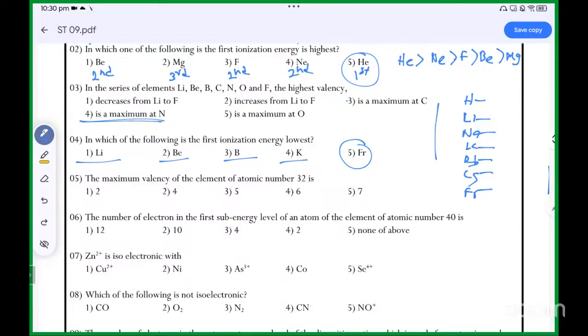So let's write down the electronic configuration: 1s2, 2s2, 2p6, 3s2, 3p6, 4s2, 3d10. Now this is 30 up to 4s2, then 32, then 4p2.